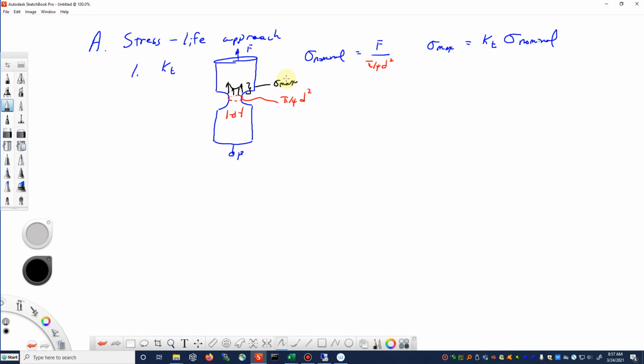So you often have a non-uniform stress distribution where you have these stress concentrations. Now in the elastic range of the material, the stress concentration factor kT only depends on the geometry of the component.